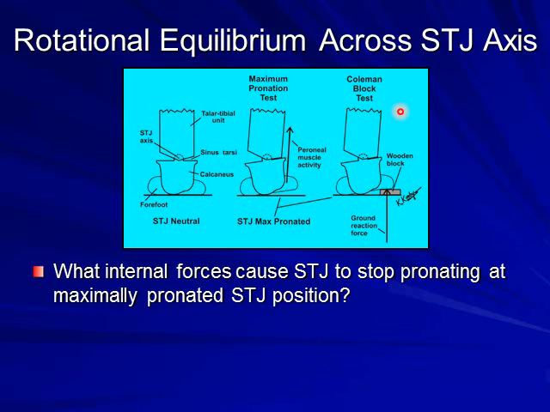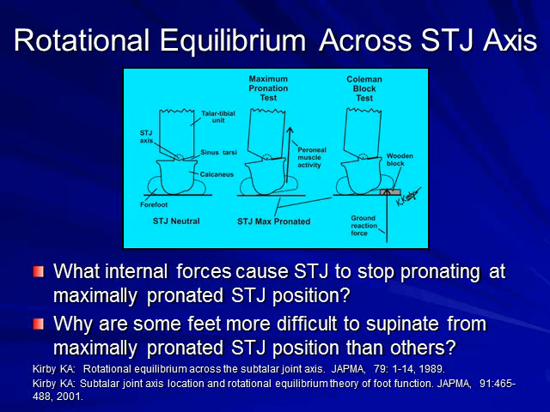Or we can also do what's called the Coleman block test, where we have the patient stand on a block on the lateral side to maximally pronate the subtalar joint. Again, here we have, instead of muscle force producing the maximally pronated position, ground reaction force producing that maximally pronated position, again causing an external subtalar joint pronation moment, again causing the subtalar joint to reach its maximally pronated position because the lateral process of the talus has fallen down into the floor of the sinus tarsi of the calcaneus.